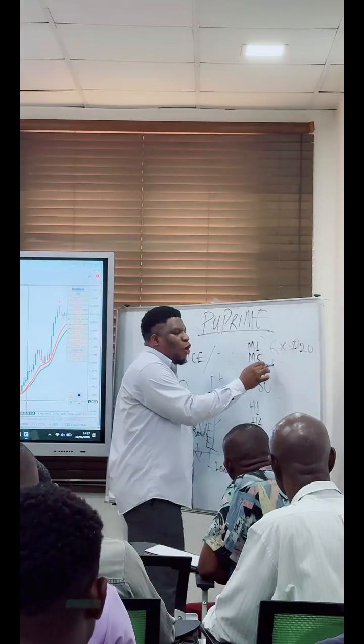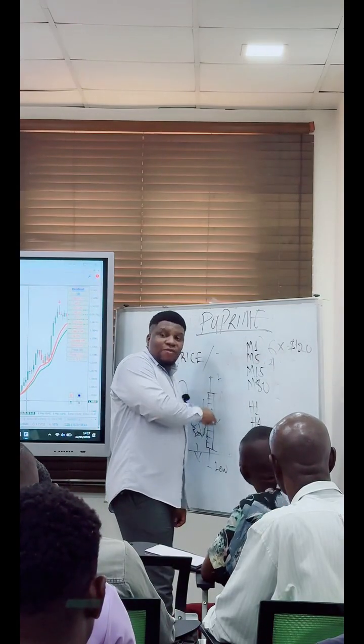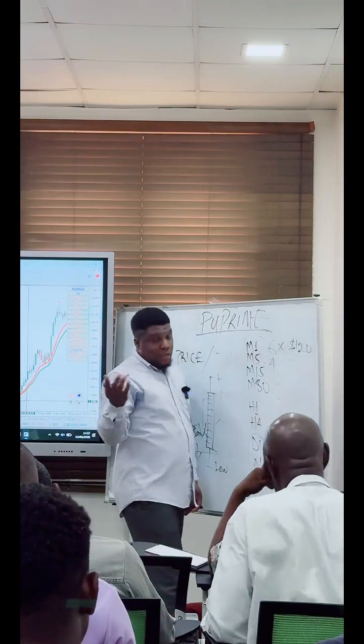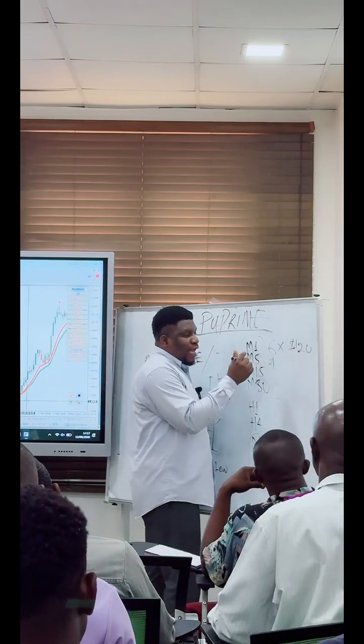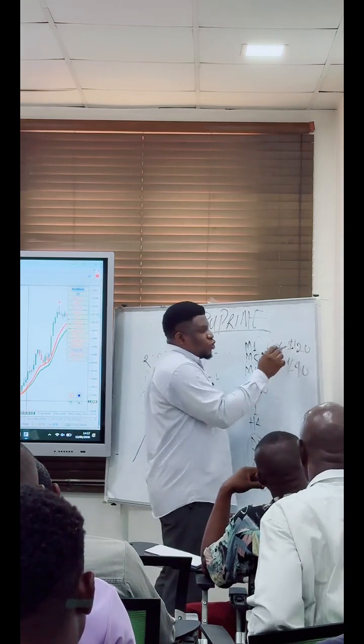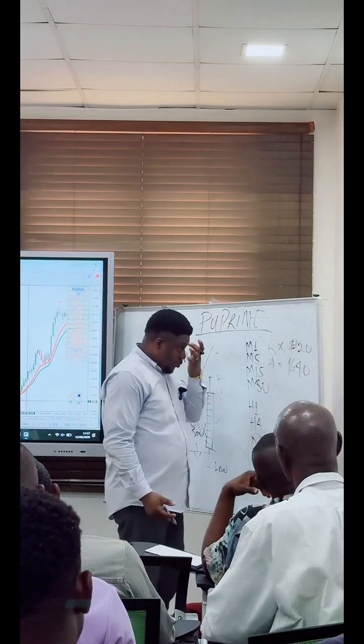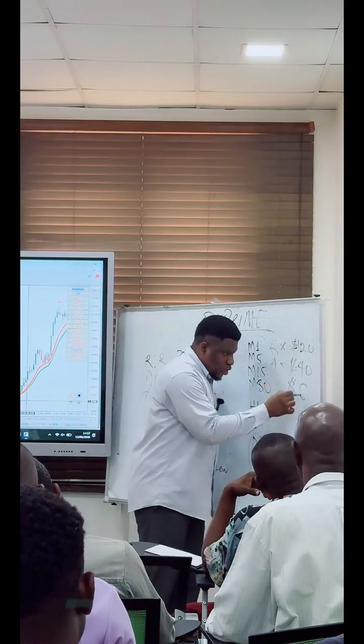Now, for the 4 that went against me, for every one I'm risking, how much am I losing? 10. So 10 times 4, $40. So we have plus 120 minus 40. P&L will be what? $80.